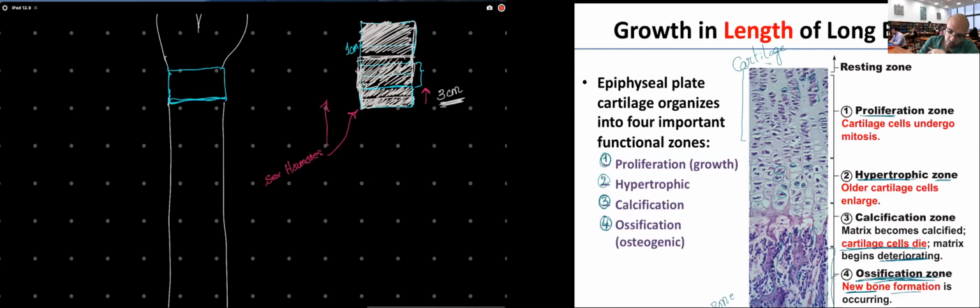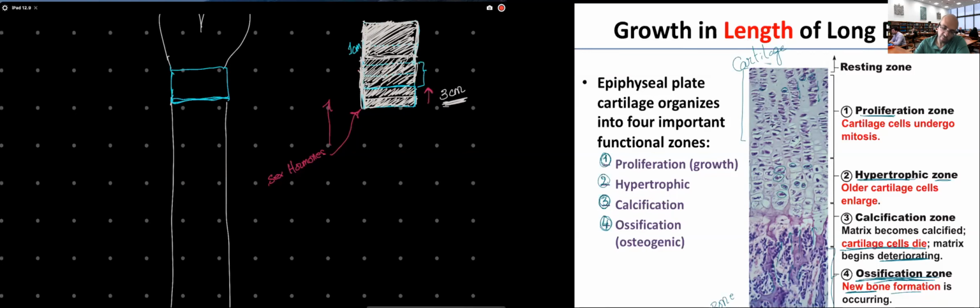So what will I end up with? I will end up with no further cartilage remaining. So can I grow my long bones in length anymore? No. So all the cartilage has been replaced.